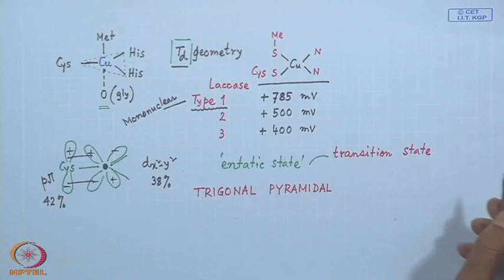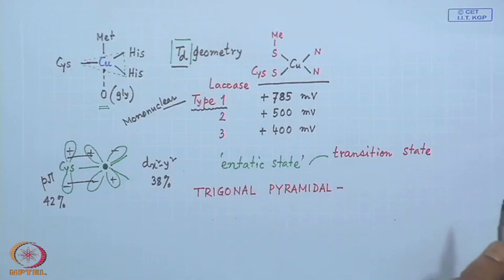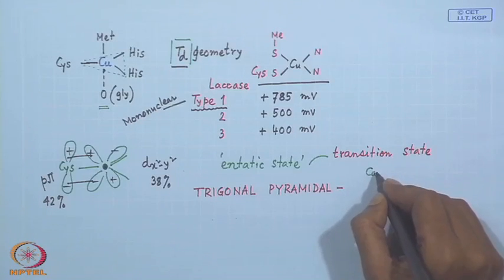This trigonal pyramidal geometry will tell us what is happening to the copper center during catalysis, and why this copper is so unique and can function in a typical catalytic role.